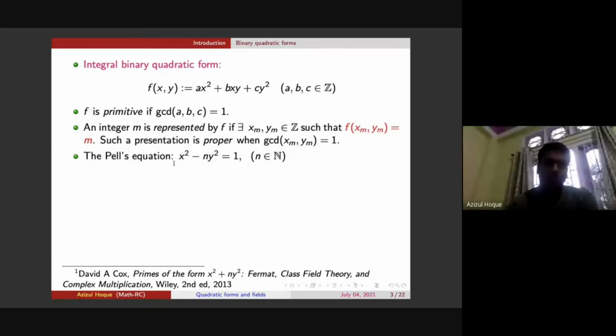So one of the earliest examples of a binary quadratic form is this one, x square minus ny square. Basically, this was studied by the Pythagoreans and the Indian mathematician Brahmagupta, and they were trying to find the approximate value of some square root.